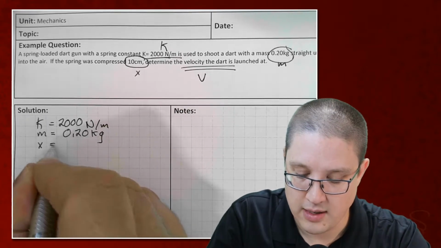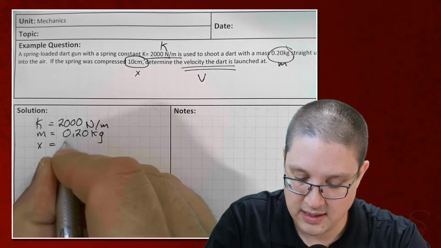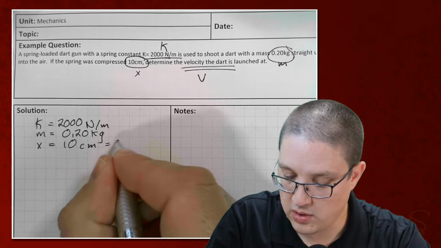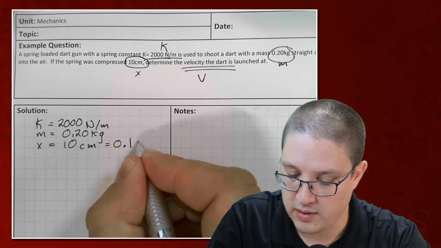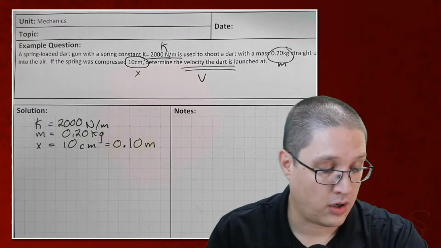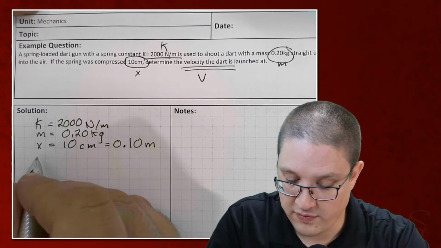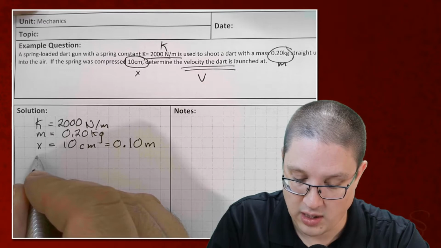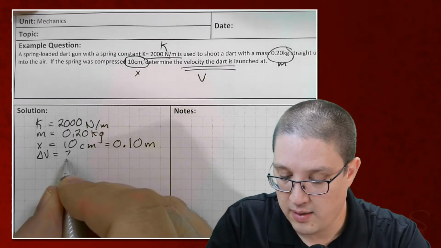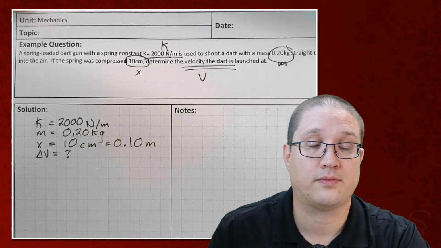And my stretch is 10 centimeters, which works out to 0.10 meters. Make sure your units are correct here. I'm looking for what is my change in velocity here, or my final velocity, because it starts at 0.